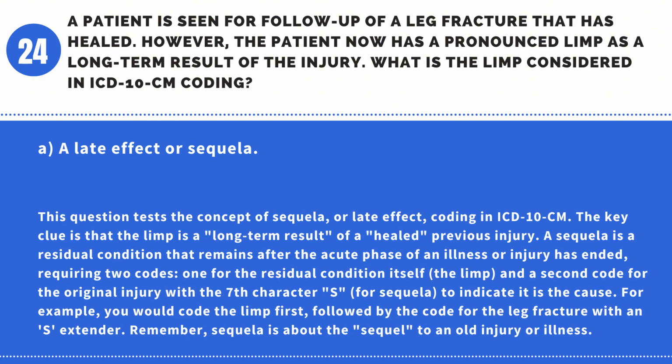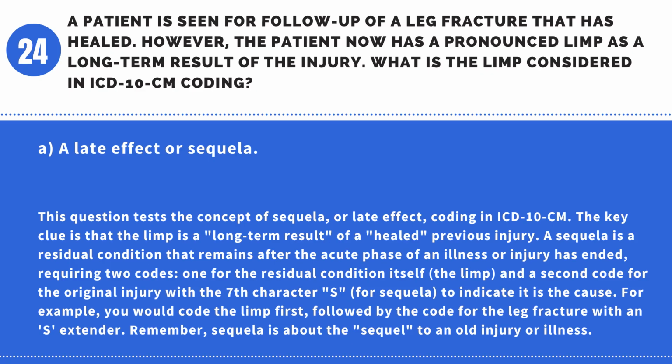Answer: A. A late effect or sequela. This question tests the concept of sequela, or late effect, coding in ICD-10-CM. The key clue is that the limp is a long-term result of a healed previous injury.